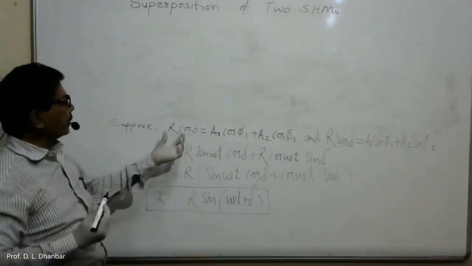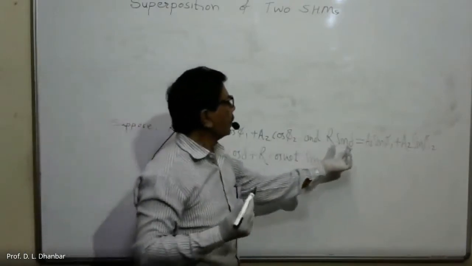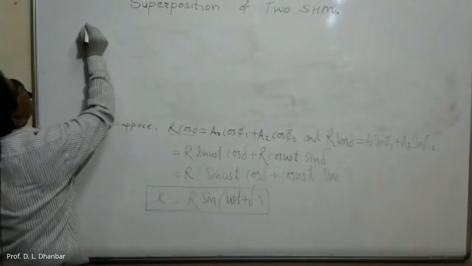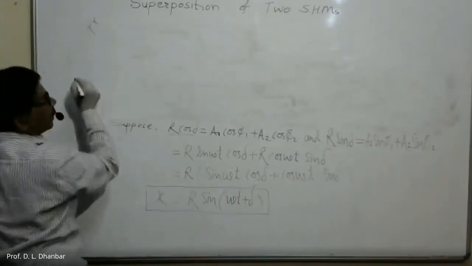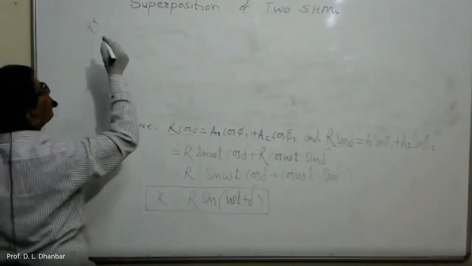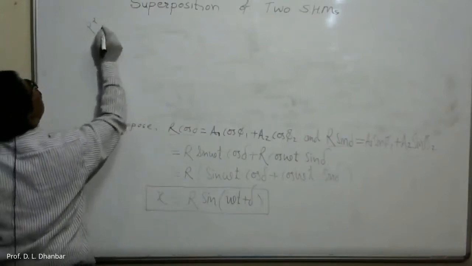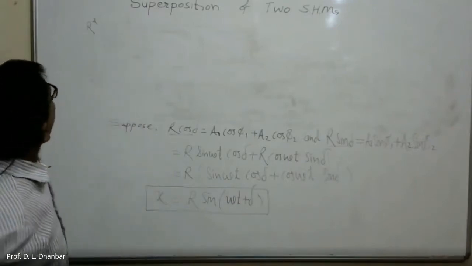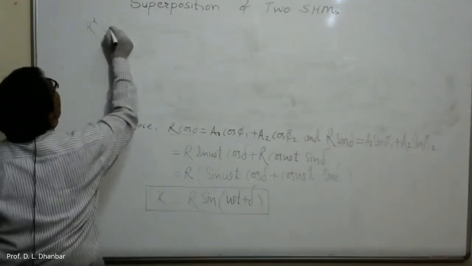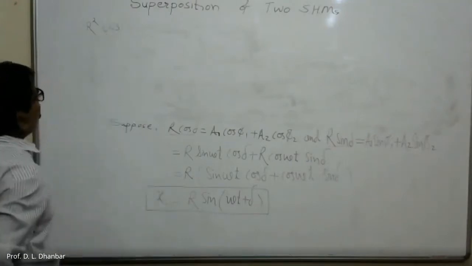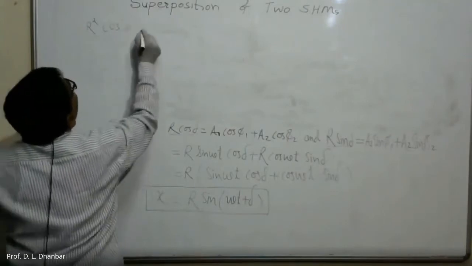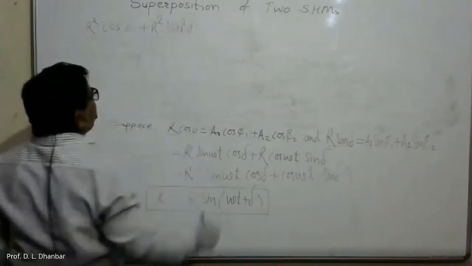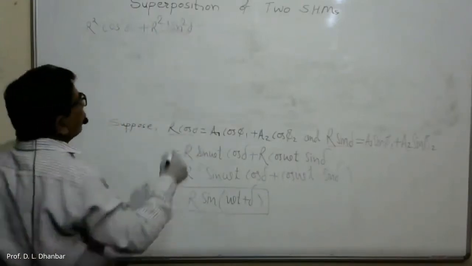Squaring and adding these two equations. So left hand side is R cos delta, here it is R sin delta. So squaring means you will get R square cos square delta plus R square sin square delta.